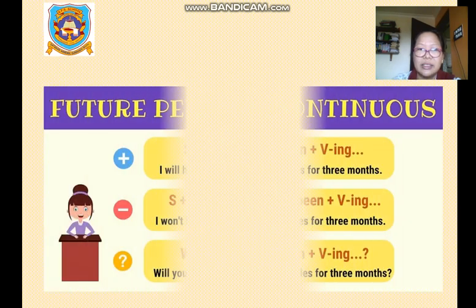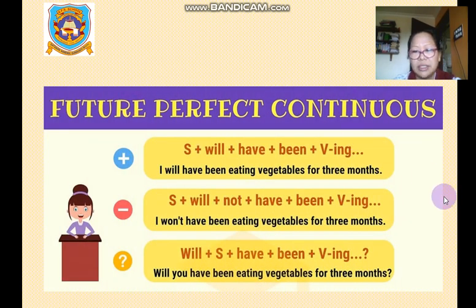Okay, let us understand it with a little picture presentation here. Positive sentence: subject plus will plus have been plus the verb ing. I will have been eating vegetables for 3 months. Negative sentence, we will add not after will or shall.